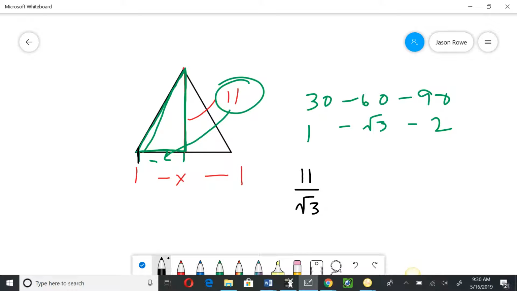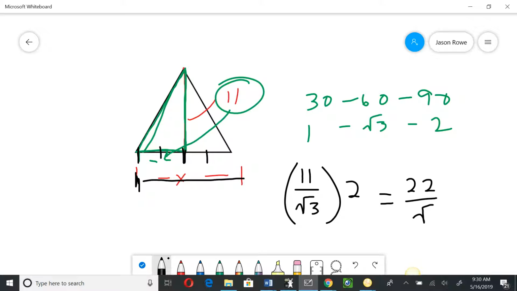Well, that gives me this distance right here. That's not the distance I want to know. I want to know the distance all the way across. Since this is a bisector, I have to multiply that by 2. So this will be 22 over the square root of 3.